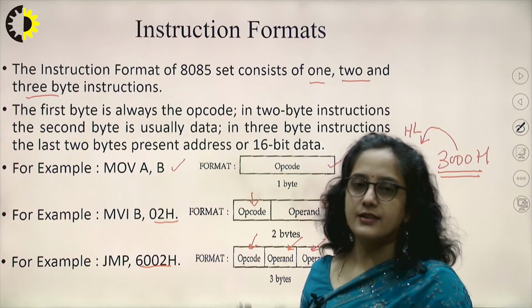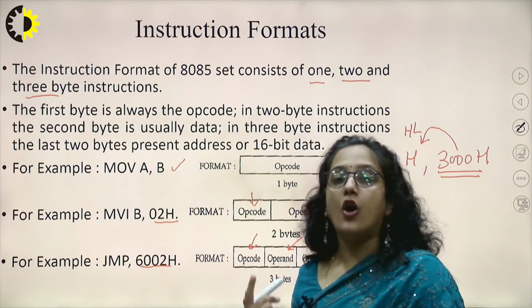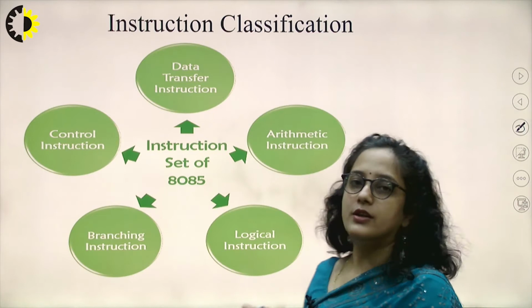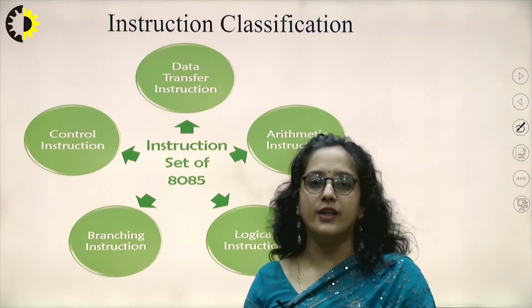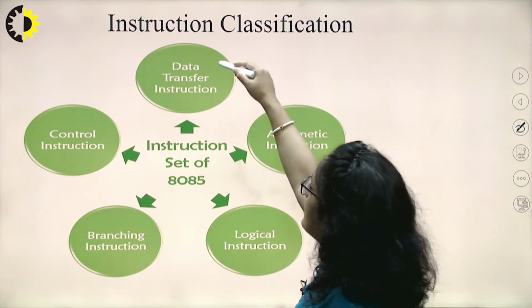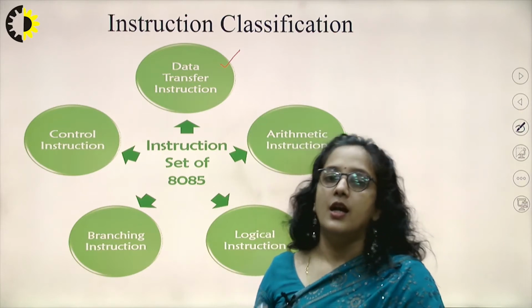We will see the second way of classification of instructions, that is, depending on the operation of the instruction. The next way to classify the instruction set of the 8085 is depending on whether the instruction is a data transfer, meaning it is used to transfer information or data.